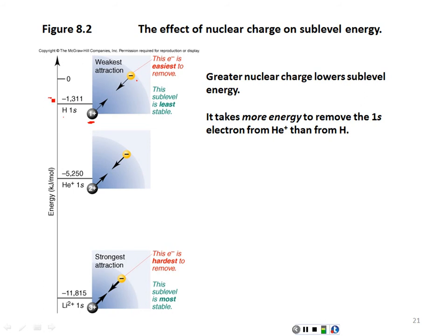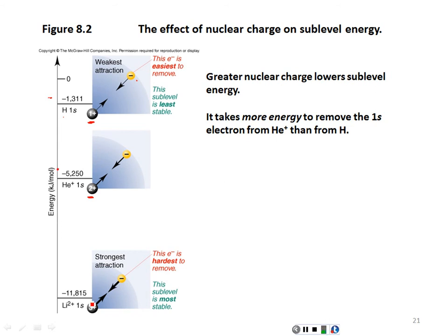Now if we look at helium plus, so that's a helium atom with 1 electron removed. Helium has 2 protons in the nucleus, so it has a positive 2 charge. That 1 electron now experiences twice as strong an effective nuclear charge compared to hydrogen, and it is much harder to remove. So it would take 5,250 kilojoules of energy to remove that electron.